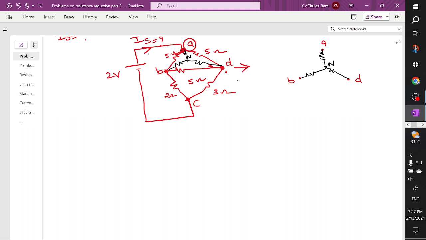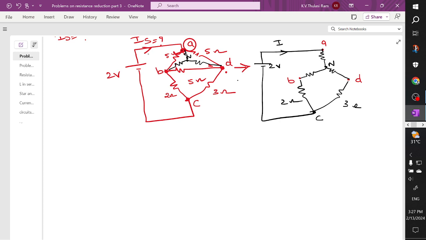So this will be continued with a 2 ohm resistor, and this will be continued with a 3 ohm resistor, and we are exciting this with a voltage source of 2 volts at this node. This node is the C point, and this is a 2 volt system, and we are going to find the source current Is.